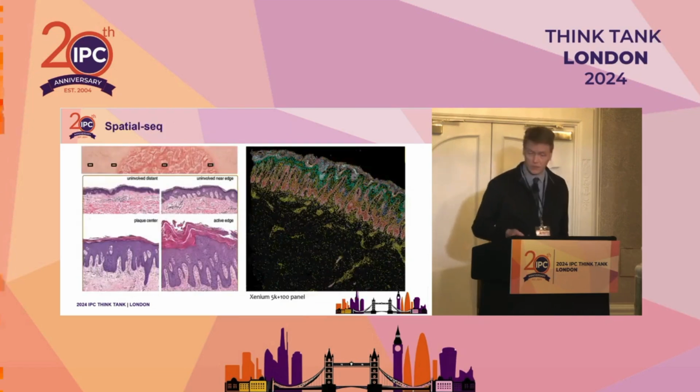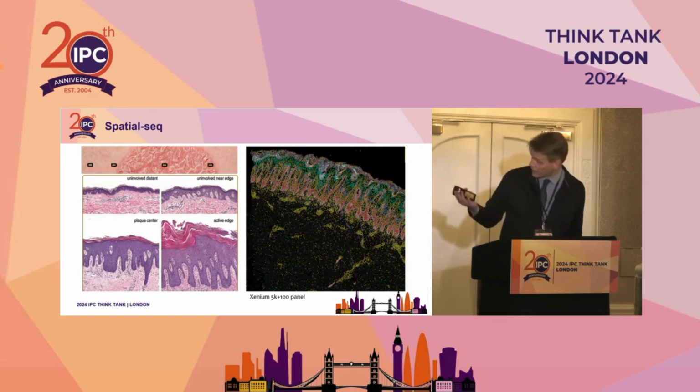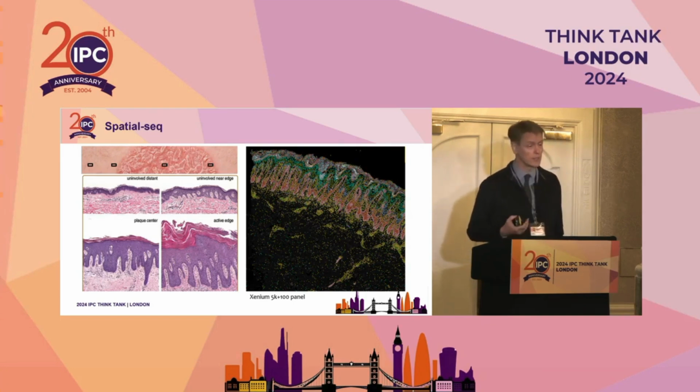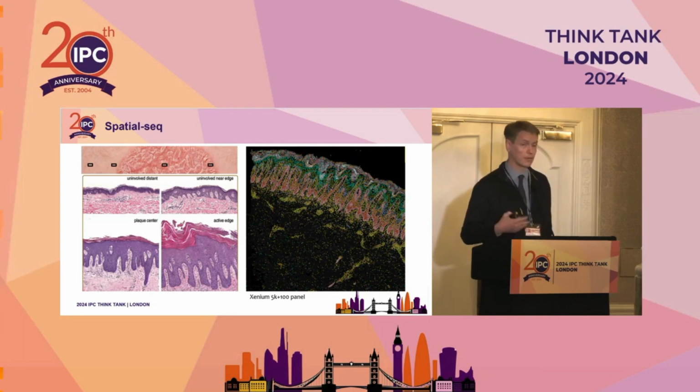So this is really what you're trying to do: take a tissue like you have in psoriasis, and then you run it on what we call a spatial profiling platform. What I have here is what we call the Xenium platform. This is a fairly high resolution platform. It's in situ technology, and it can interrogate about 5,000 genes, and here we have an added 100 gene panel on top of it that is more customized to skin.